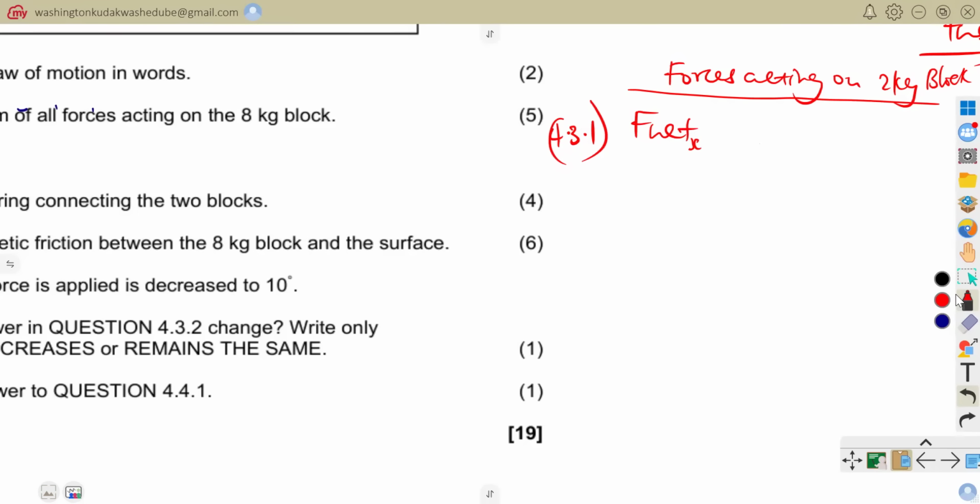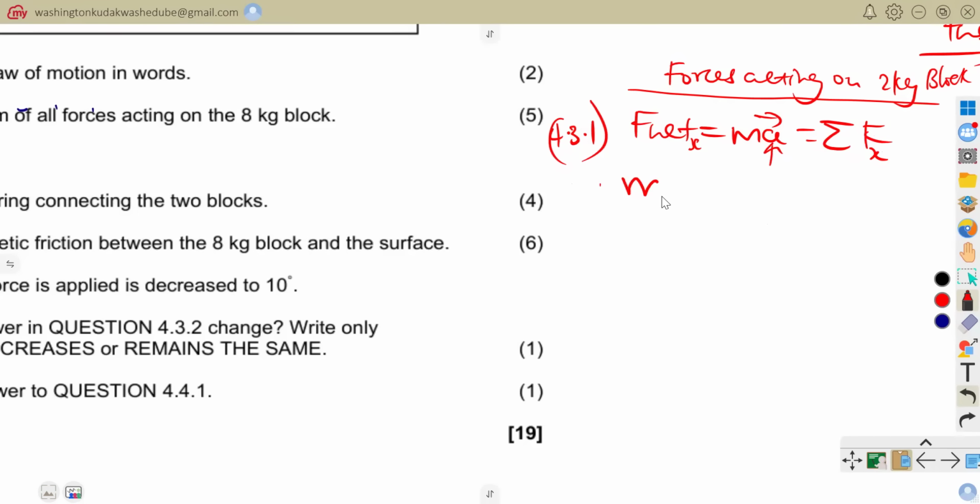I would say the net force in the x direction is equal to, and then I know that net force is calculated by the sum of all vector forces in the x direction. So, sorry, this is not equal to 0. It is equal to mass times acceleration because we have this acceleration.